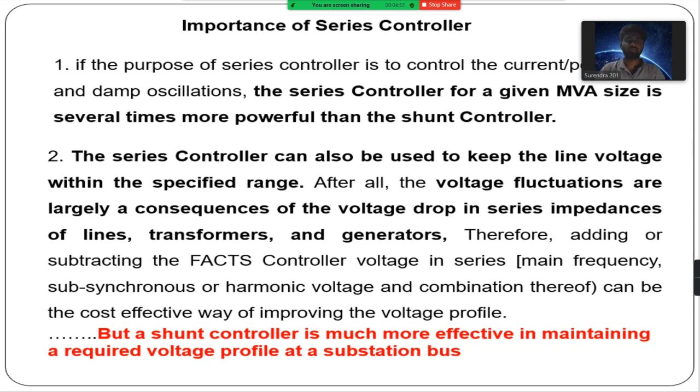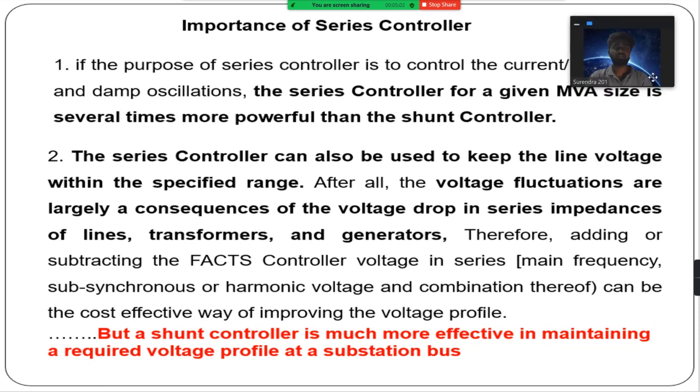What is the importance of series controllers? If the purpose is to control the current or power flow and damp oscillations, the series controller for a given MVA size is several times more powerful than the shunt controller. The series controller can also keep the line voltage within the specified range, since voltage fluctuations are largely a consequence of the voltage drop in the series impedances of lines, transformers and generators.